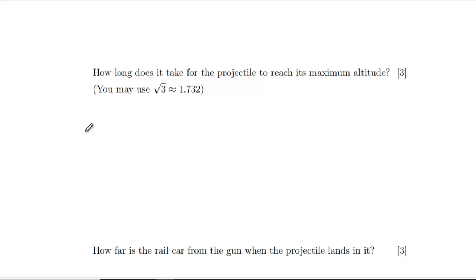How long does it take for the projectile to reach its maximum altitude? Right, so we need our vertical velocity, which is 200 sine 60 degrees. Sine 60 is root 3 over 2, so that's going to be 100 root 3.